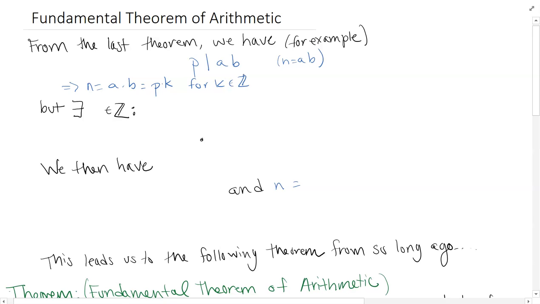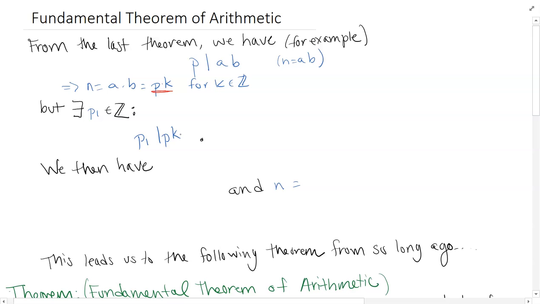But now this is really interesting. What we can do with this new second factorization is say, according to this theorem that we saw, that there exists a prime that divides this. So let's say that there exists a P1 such that P1 divides PK.